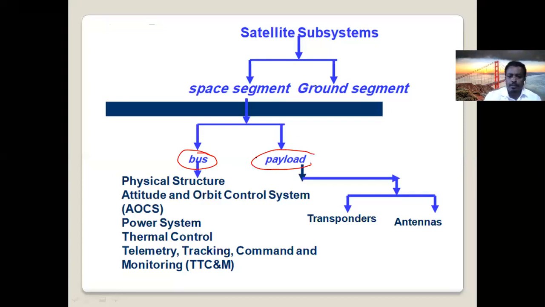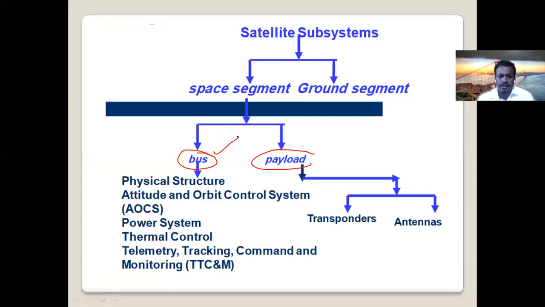So when we say components categorized under bus, we mean equipment and devices which are employed to give supportive services, not services like communication and so on.